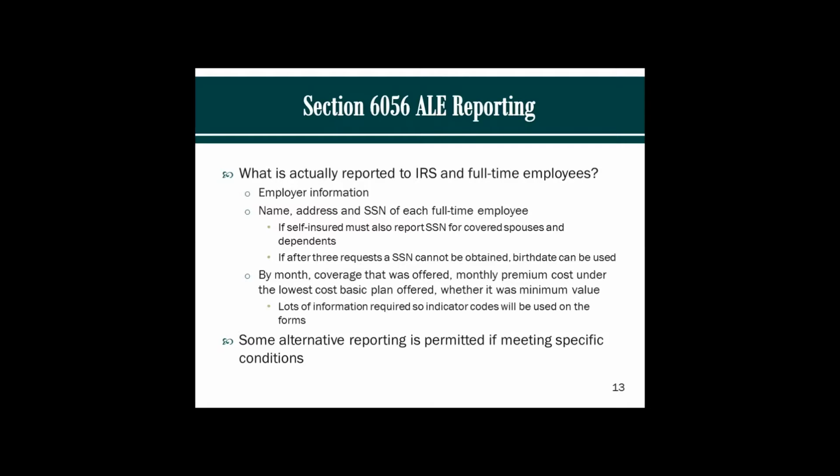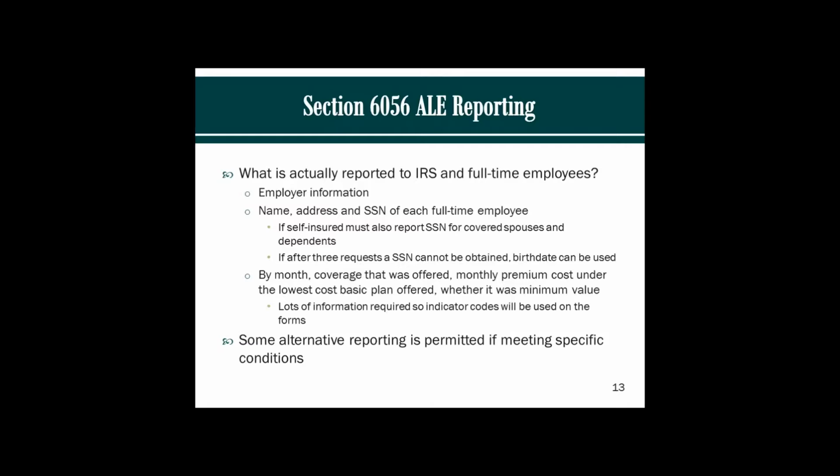Now, there's also a lot of information that has to be included. So you have to say if you offered coverage to a spouse or if you offered coverage to a dependent. And in order to streamline the process, the IRS created a lot of indicator codes that are going to be going on these forms. There are two series. One is called the Series 1 codes, and they go from 1A to 1I. Again, it talks about what kind of coverage you offered.